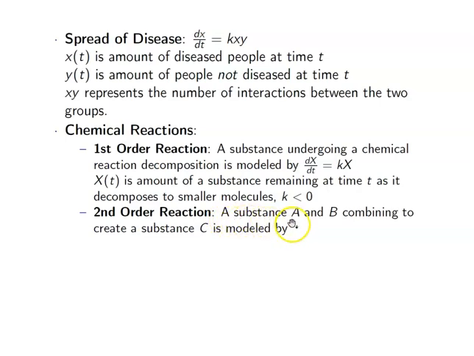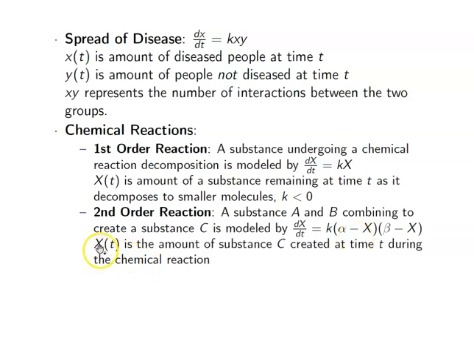So a substance A and B are combining to create a new substance C, okay? And this is modeled by the amount of substance x at time t is a constant multiple of the number of interactions between A and B that are left.